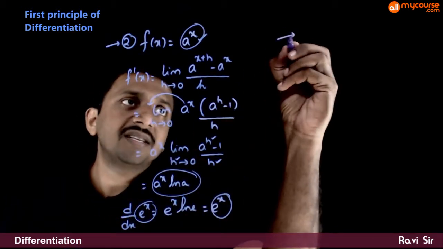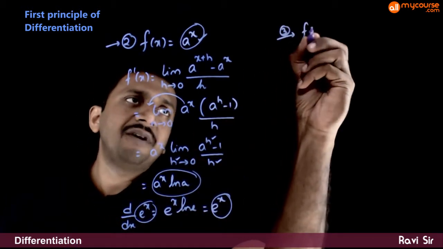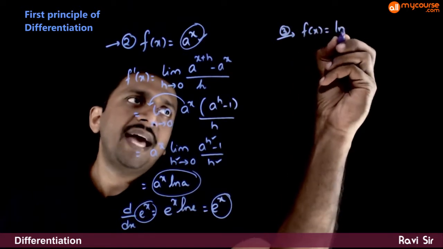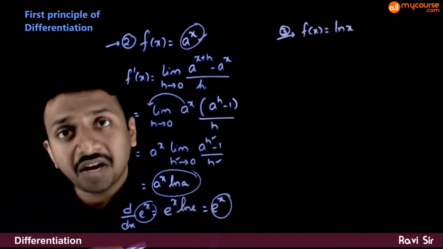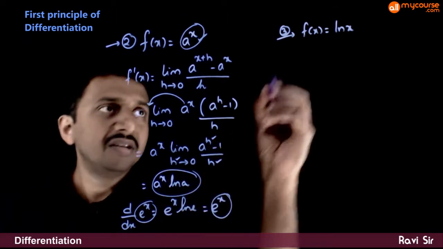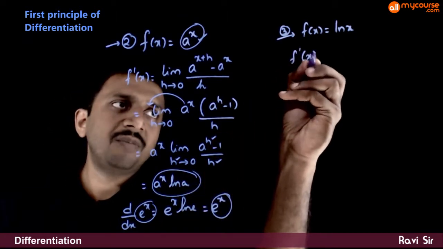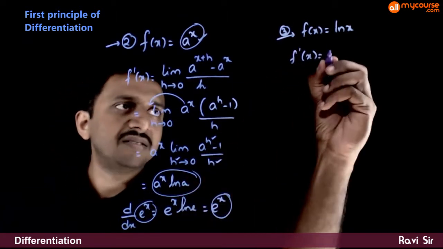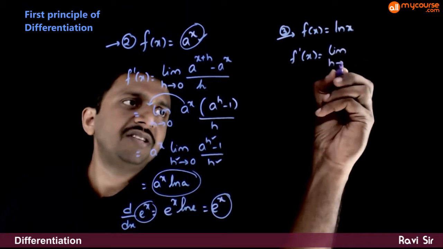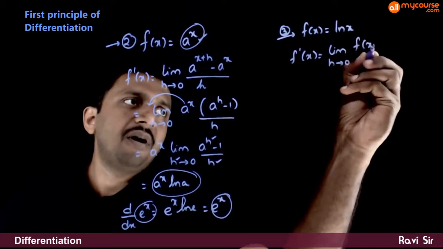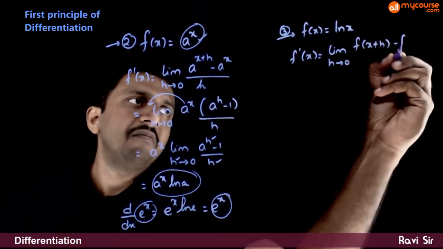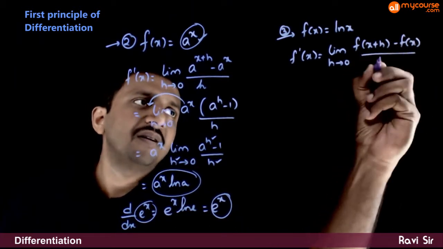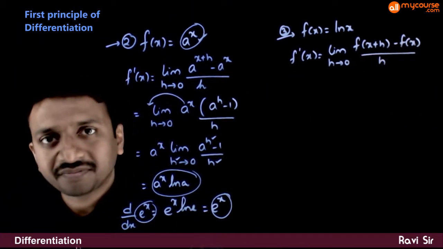So next let us take f(x) is equal to ln x. Let us differentiate the logarithmic function. Again the first formula: f'(x) is equal to the limit as h tends to 0 of (f(x+h) minus f(x)) by h.